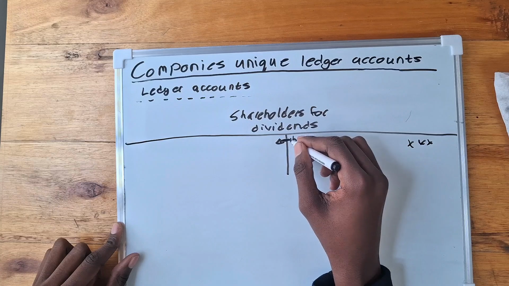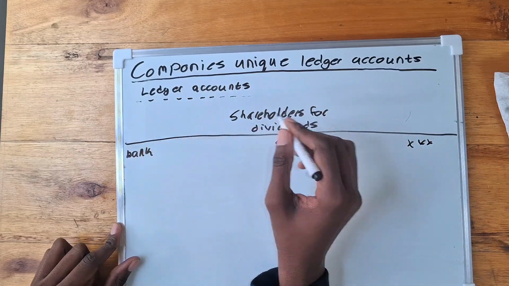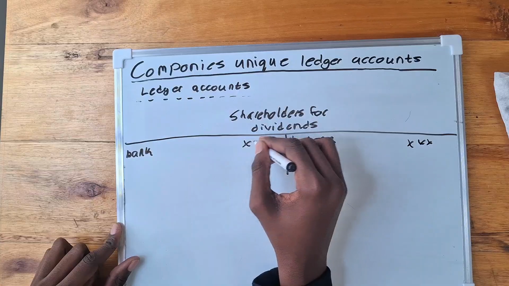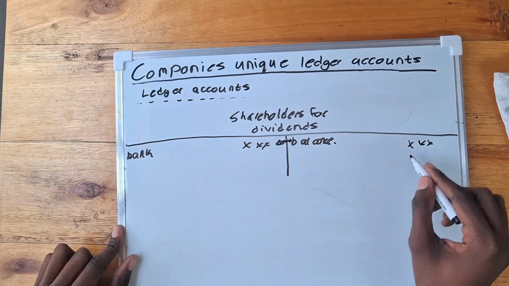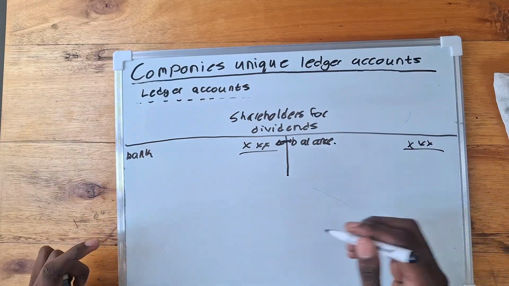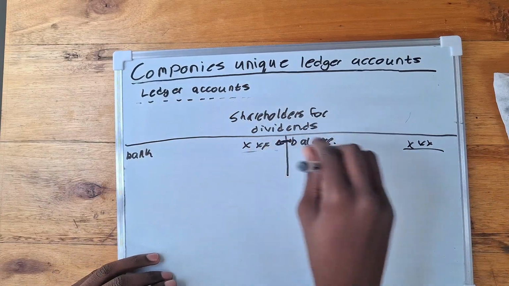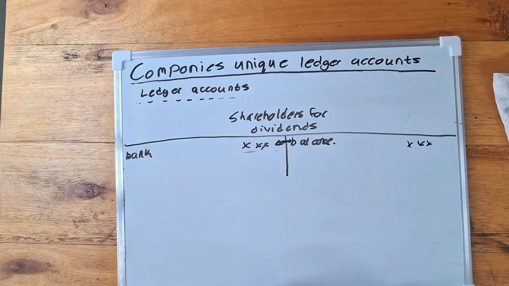You take it to this side and you indicate that it was a bank and it was paid, right? So you put the same amount. So therefore these two amounts should be the same, because we were owing them and we paid them, then we recorded these amounts, right?